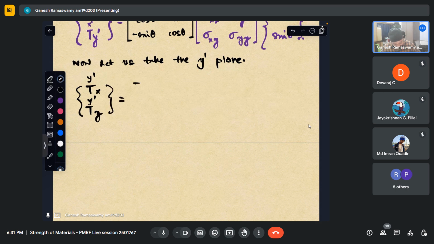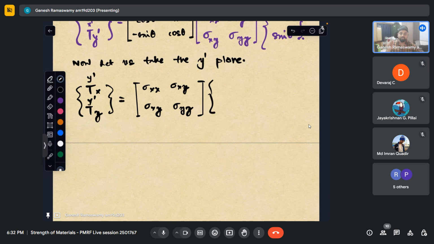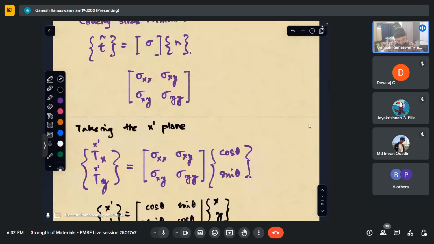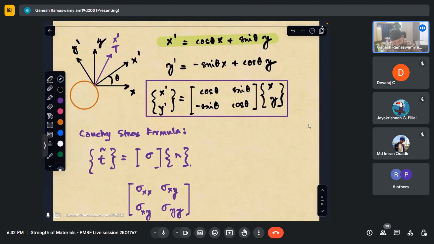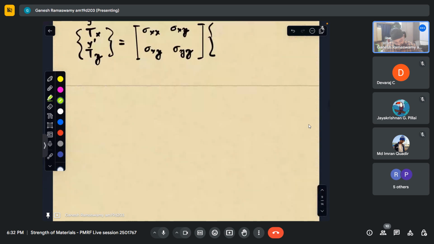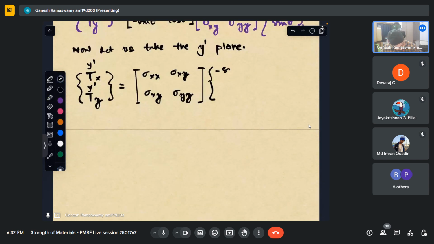So this will be nothing but sigma xx, sigma xy, sigma xy, sigma yy into the direction cosines of the y prime plane. From here we saw the direction cosine of the y prime plane is minus sine theta, cos theta. So I just need to write minus sine theta and cos theta. Again, this is represented in the xy coordinate system. I again need to transform it to the x prime y prime coordinate system.